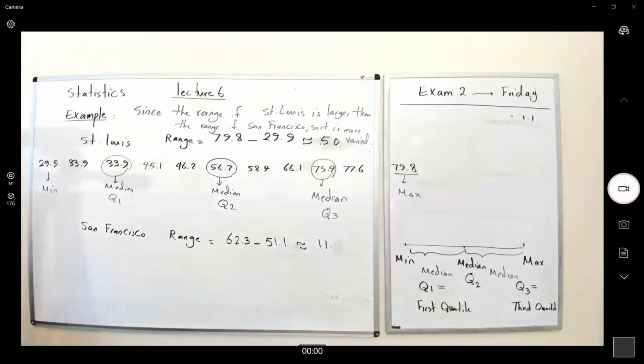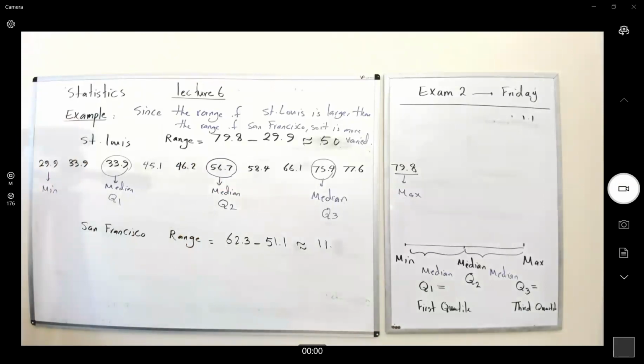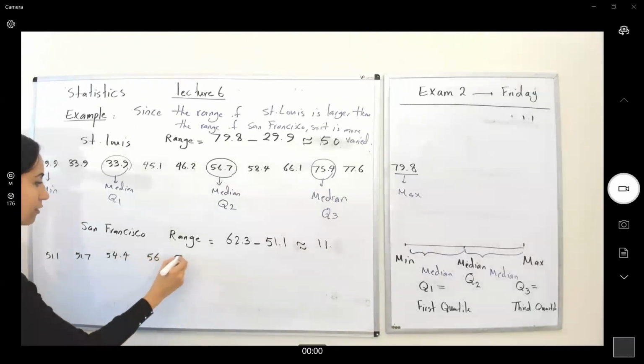Let's find the 5-number summary for the second set as well. So our second set, the minimum value is 51.1, and then you have 51.7, then we have 54.4, then we have 56, then we have 57.2.